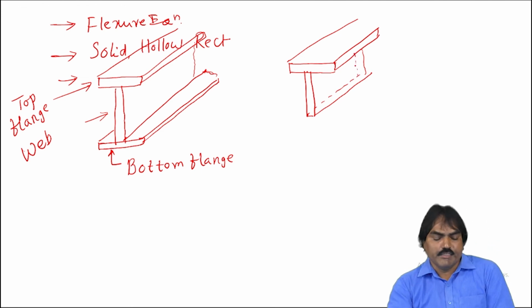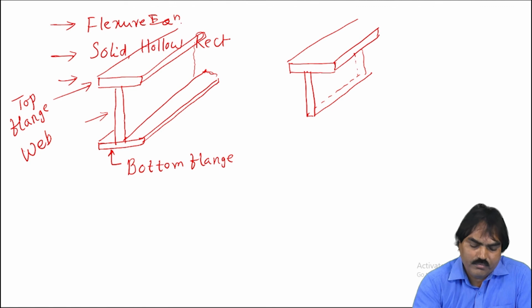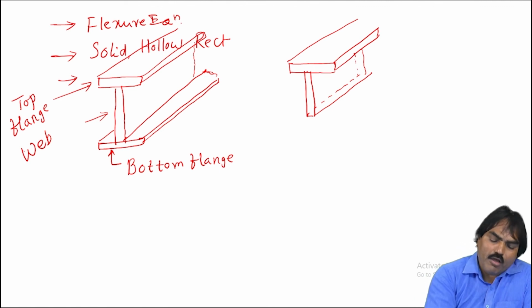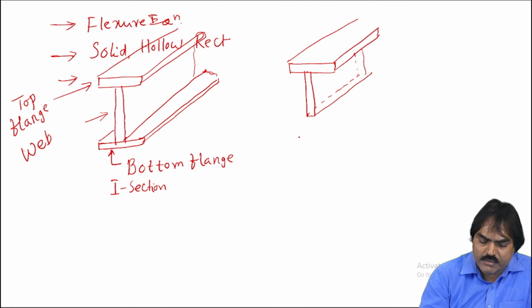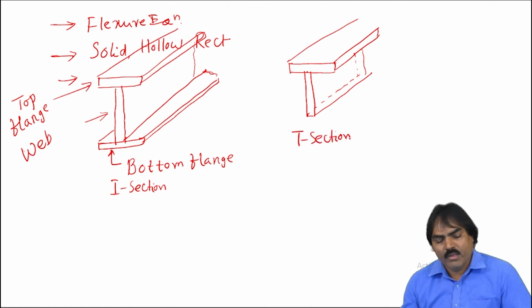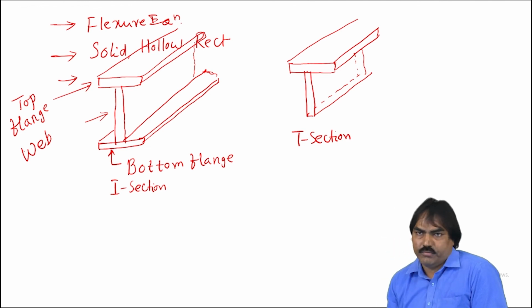It will only have a top flange. Or if you remove the top flange, it becomes an inverted T section. In the numericals, they may give any kind of cross section.